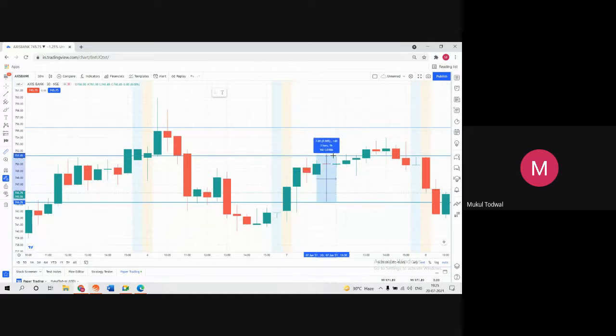I haven't taken this much of level over here and haven't gone beyond this as well. So you can imagine that yes, a 1% return in very few trading sessions only, say 3 to 4 hours, 3 hours only maximum, and a 1% return. This is the power of technical analysis.